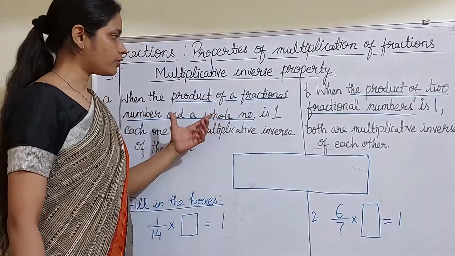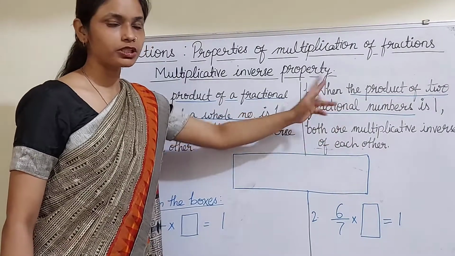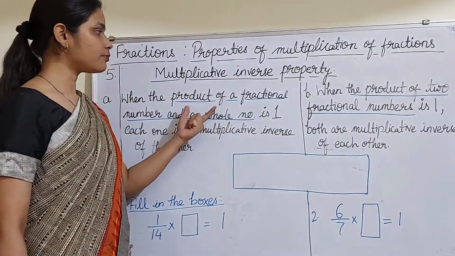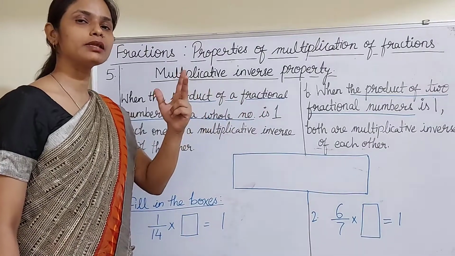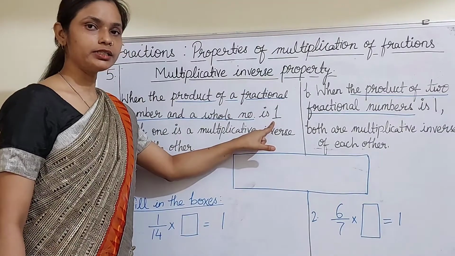It means when we are multiplying two fractional numbers, we are getting 1. It means both the fractional numbers are multiplicative inverse of each other. And when we are multiplying a fraction number and whole number, it means they both are also multiplicative inverse of each other. That is why the product is 1.